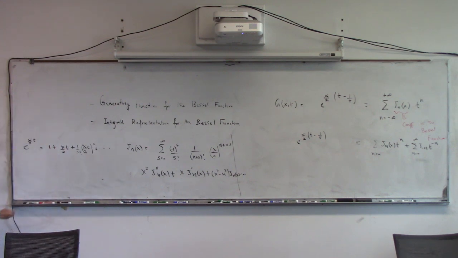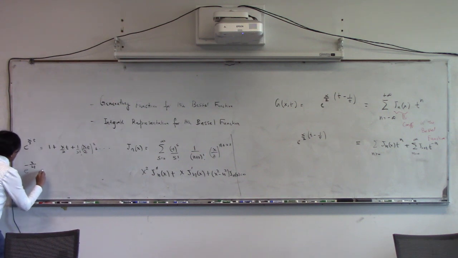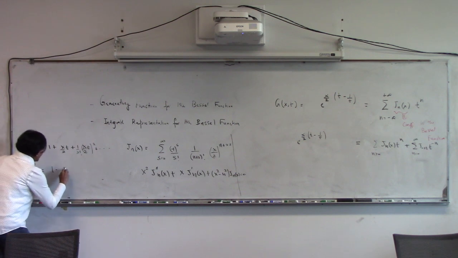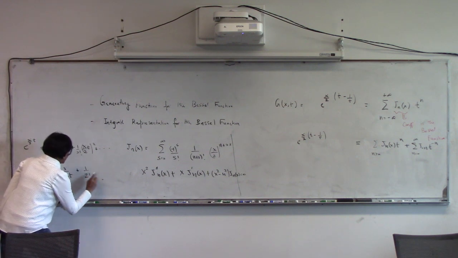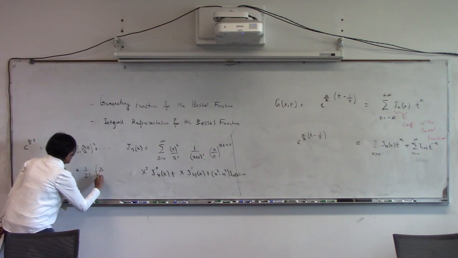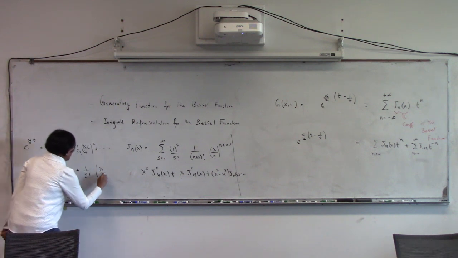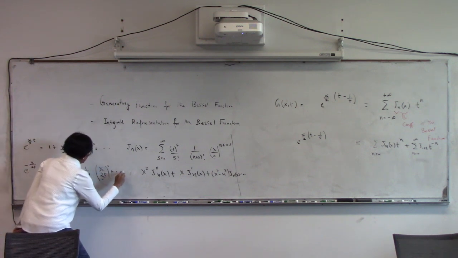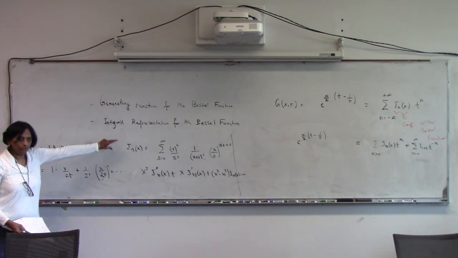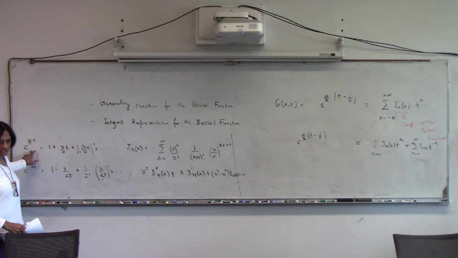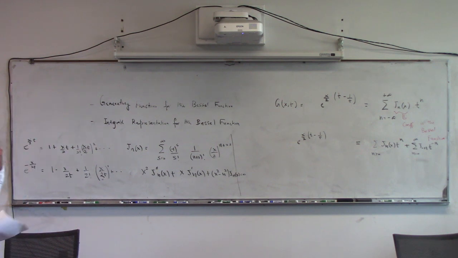And similarly, exponential of minus x over 2t, where t is the denominator in this case, will be 1 minus x over 2t plus 1 over 2 factorial times x over 2t squared, and so on, 1 over 3 factorial this quantity whole cubed. That's the expansion for the exponential.